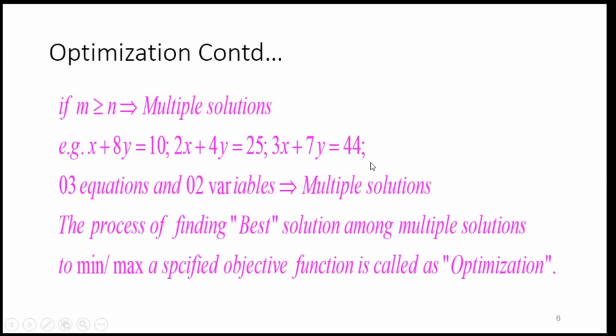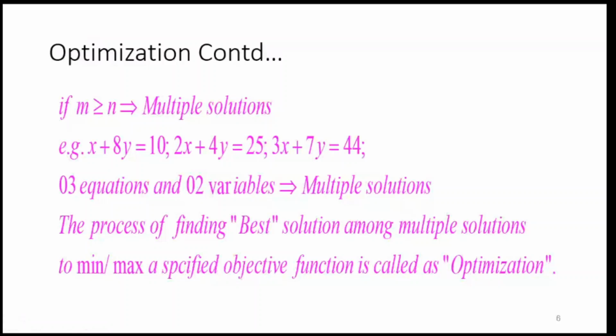So in this case, the number of equations m is more than the number of variables. If you solve these three equations, it is possible that you will obtain multiple solutions.